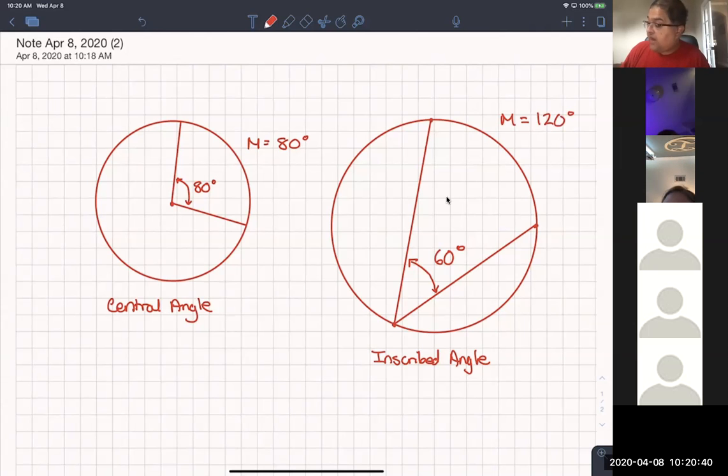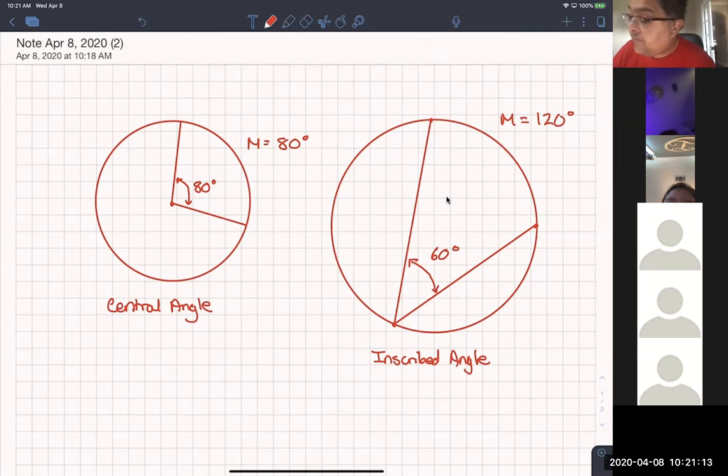And likewise, if I gave you just the arc is 120 degrees, then the inscribed angle will be half that, which is 60 degrees. So central angle and arc, same measurement. Inscribed angle and arc, the angle is half the arc, or the arc is double the angle. And that's fundamentally the main take-home point, all right?